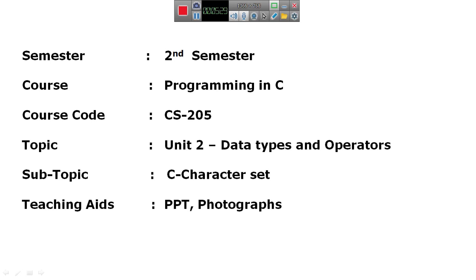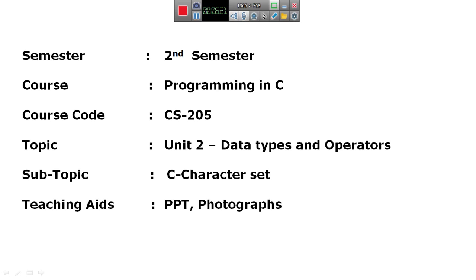The difference between these two is that the normal algorithm is for a general problem, and the computer algorithm is for solving that problem with the help of the computer: the step-by-step process that we write as code in a programming language that can be understood by a computer. So the computer algorithm is also a step-by-step process to solve that problem with the help of the computer.